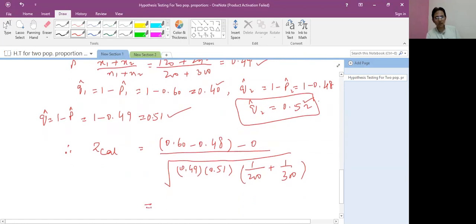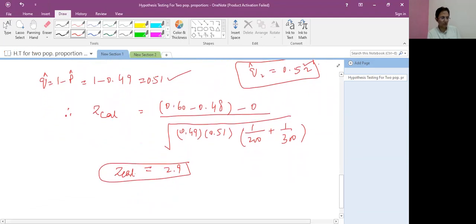We apply the calculator, student, and find the result, 2.9. So Z calculated value is 2.9.